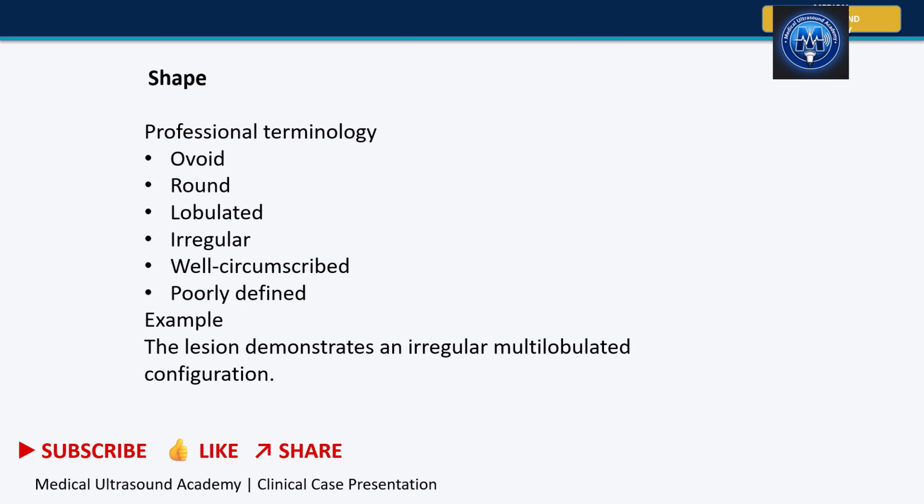So, the shape, professional terminology: ovoid, round, lobulated, irregular, well outlined, well circumscribed, poorly defined. Example: the lesion demonstrates an irregular multilobulated configuration.